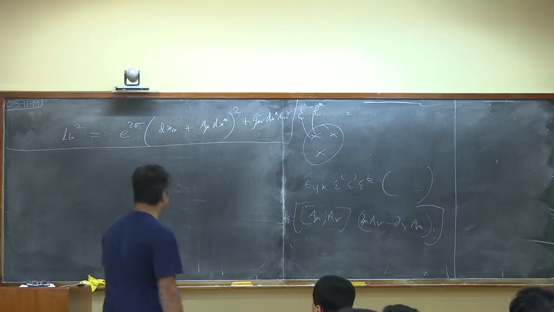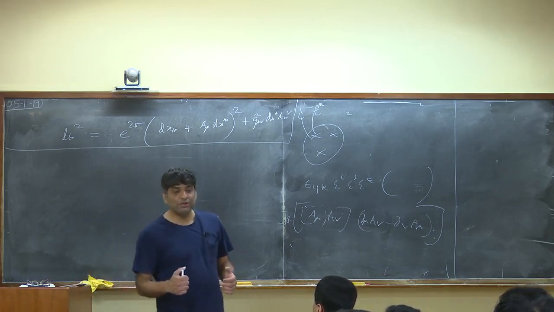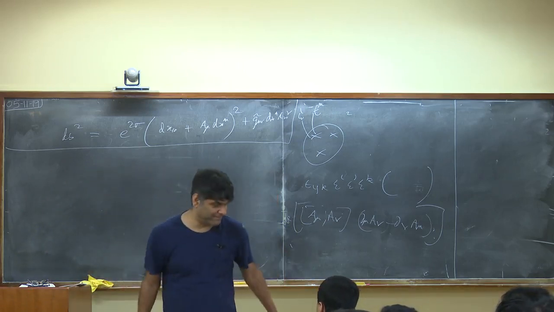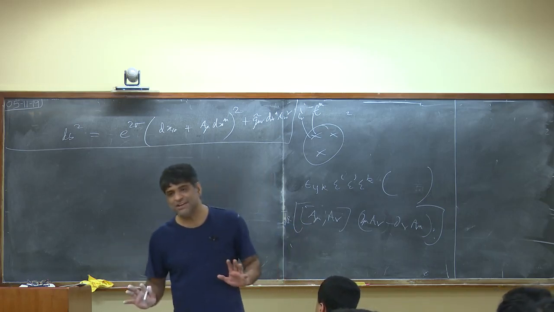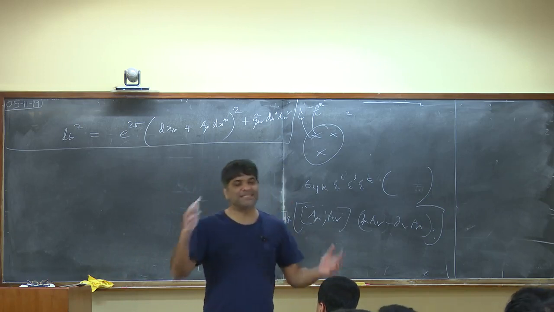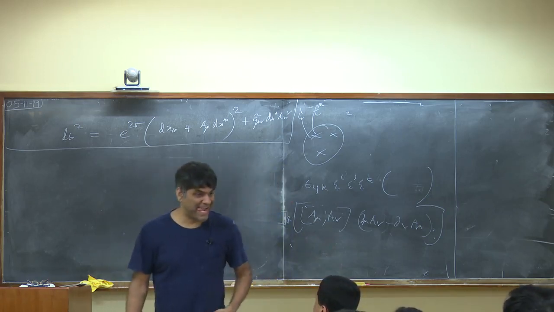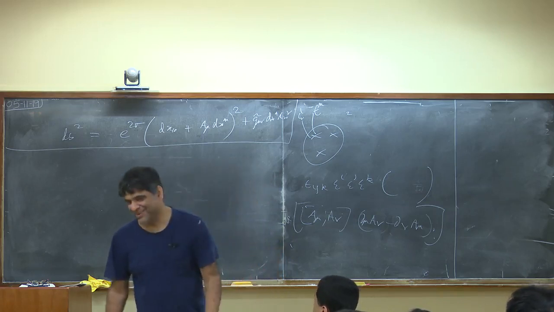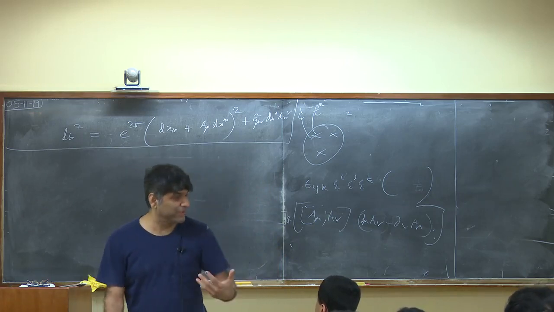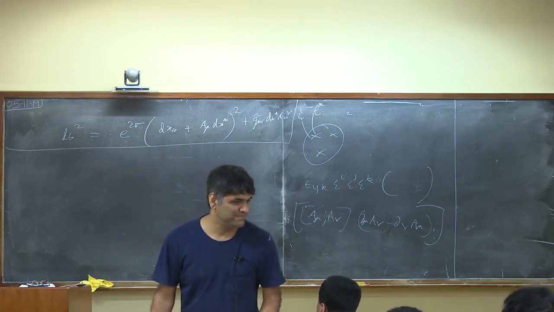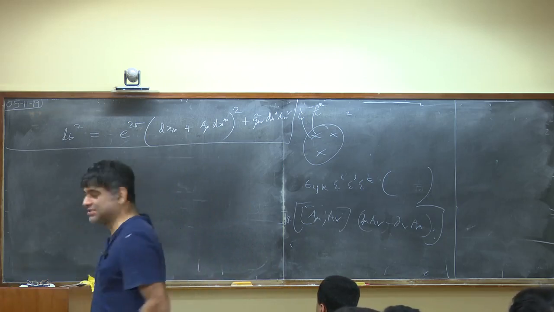We're not allowed to do coordinate transformations where x mu goes to x mu of X10, because that will introduce X10 dependence. That breaks this form of the structure of the metric.